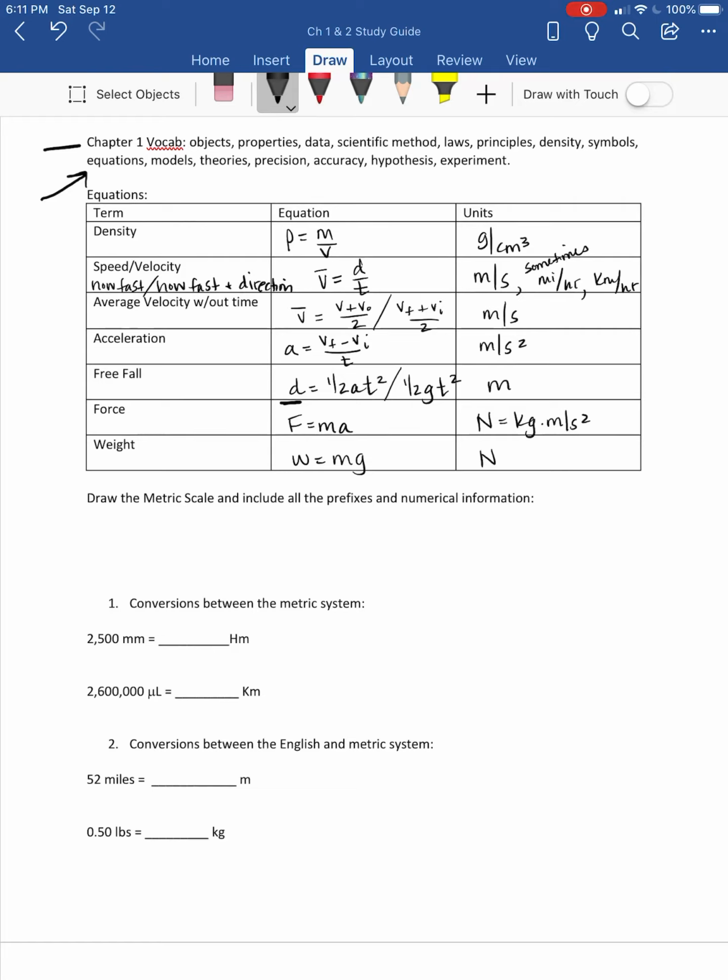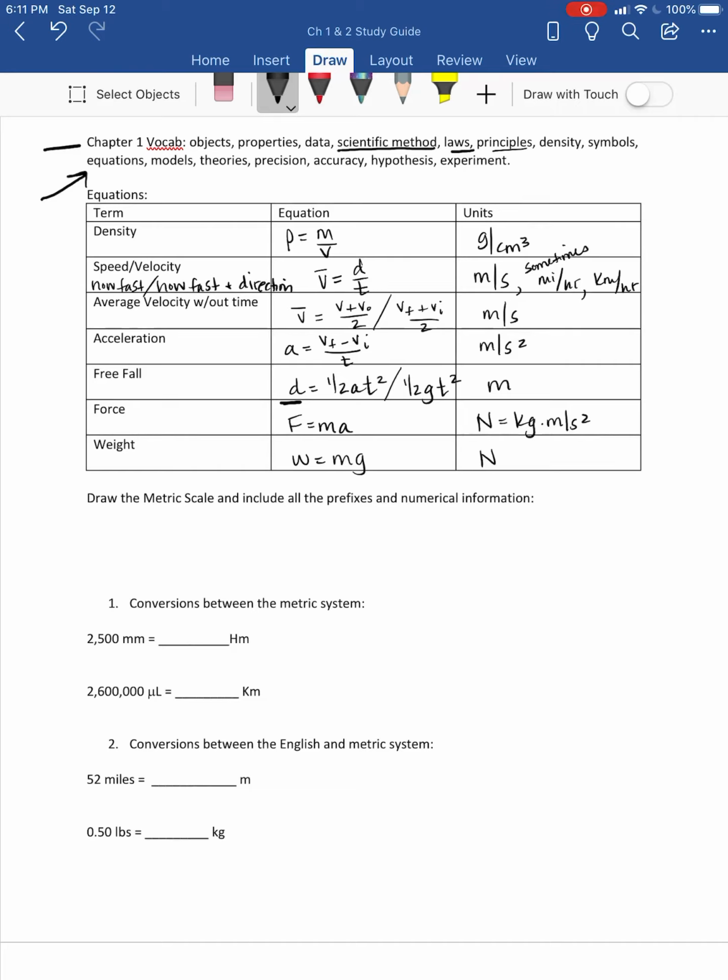And remember the steps of the scientific method and sort of the differences between laws and principles. And that should all be on your PowerPoint. But I would also look in the book and just kind of read about stuff like that as well.